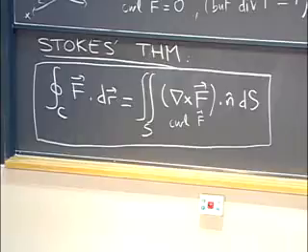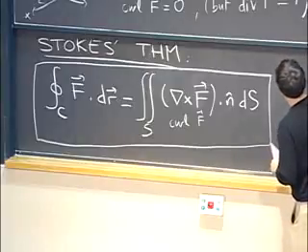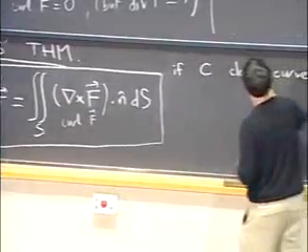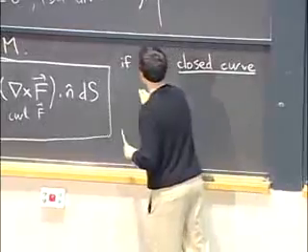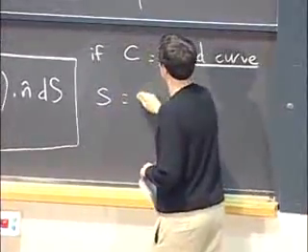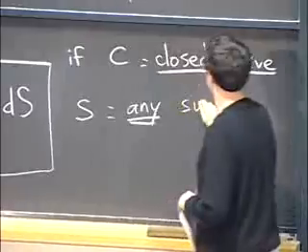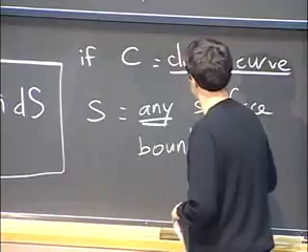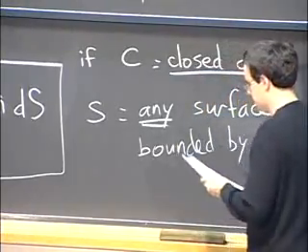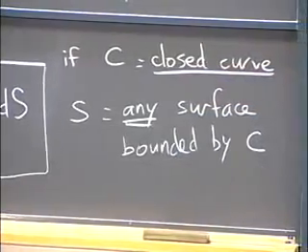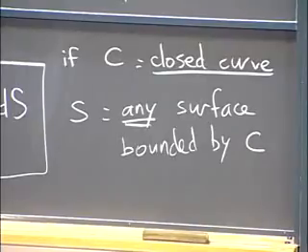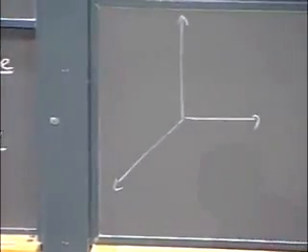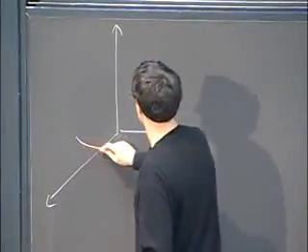So I should clarify what this means. C has to be a closed curve in space, and S can be any surface bounded by C. So for example, let's say that I have to compute some line integral on, say, the unit circle in the xy plane.